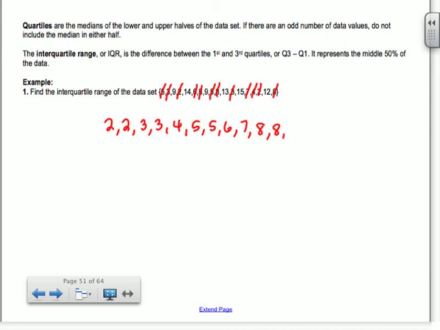See how the crossing out helps. 2 9s, and 12, 13, 14, 15.